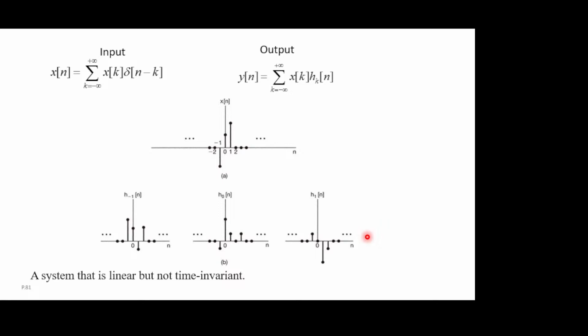Anyway, for now, let's see some example. So the x of n just has 3 spikes here. And the corresponding output, you will have something quite arbitrary. So we will need h of minus 1. It might look like this, and h of 0 might look like this, and h of 1 looks like this.